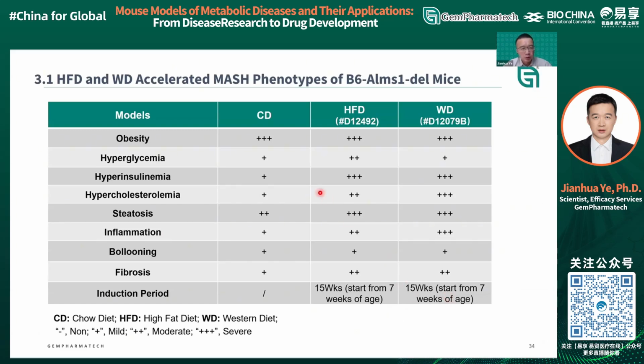So in summary, the AMS1 mice can develop the MASH phenotype if they were fed with the chow diet, but it takes a little bit long time. If we want to accelerate the progress of the disease, we can feed the AMS1 knockout mice with high-fat diet or Western diet. This saves us time, and the phenotype is also more severe.